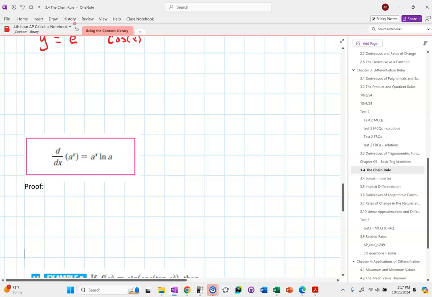So here we have a new derivative rule. Super important. This is another derivative shortcut. This is one that will need to be memorized. The derivative of a to the x is a to the x times the natural log of a.